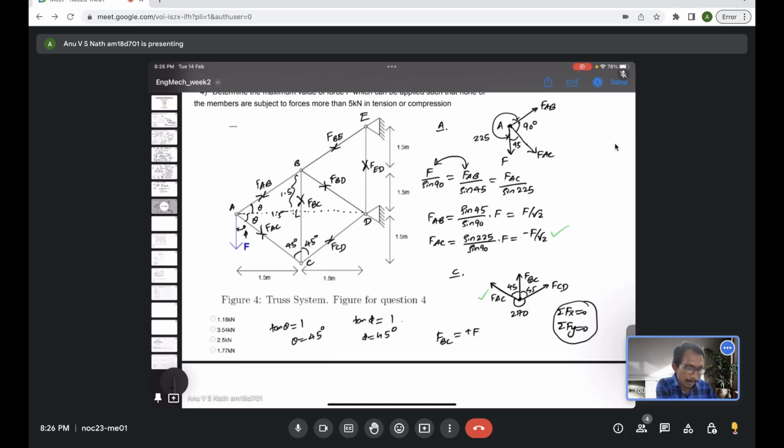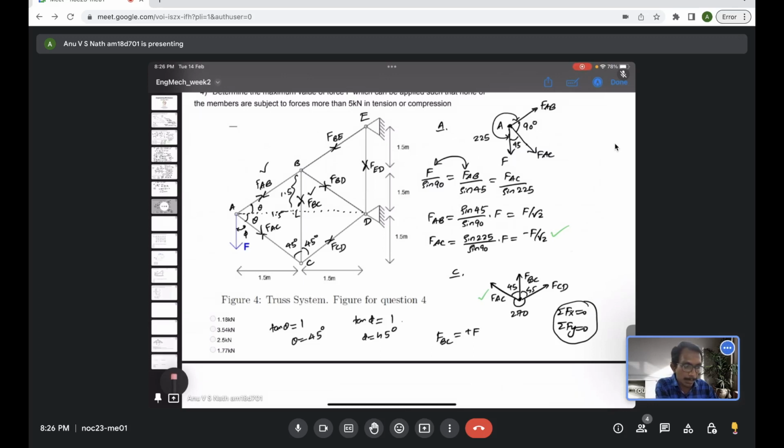Once you're done with C, we could go to B, because you will know FBC, and already you have evaluated FAB. So if these two are known, then the only unknowns in joint B are FBD and FBE, which you can evaluate using sine rule or the equilibrium equations.